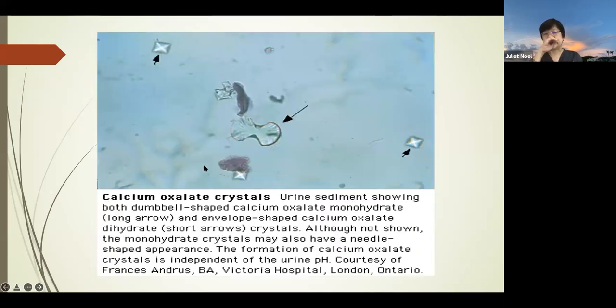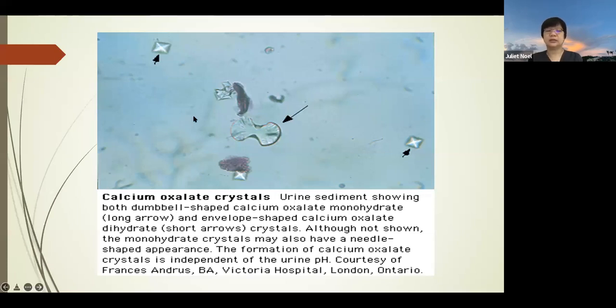For crystals, the dumbbell-shaped crystals are monohydrate calcium oxalate, and the envelope shape is the dihydrate.